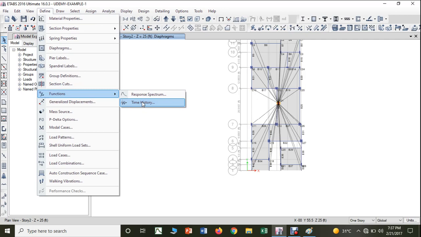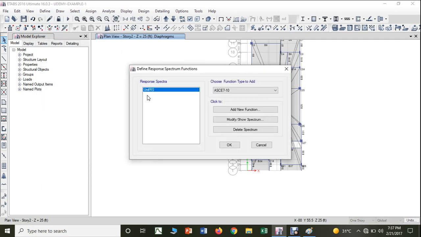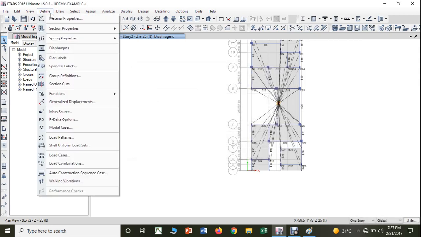So when we are doing the earthquake analysis, let us now briefly explain what response spectrum and time history are. As I already told, they are the two methods by which you can design a structure as a dynamic one.